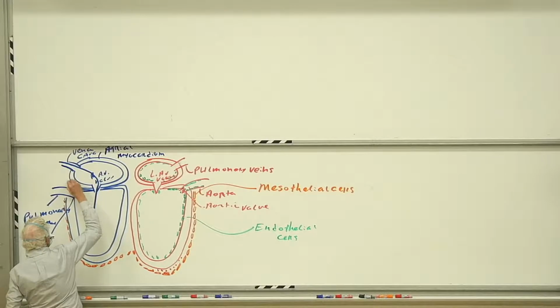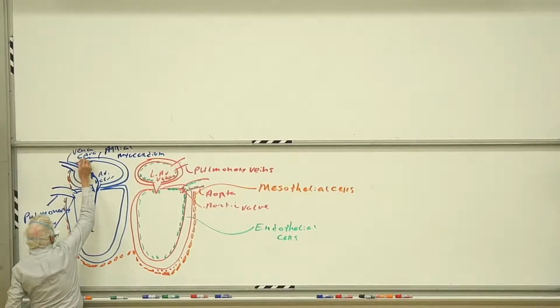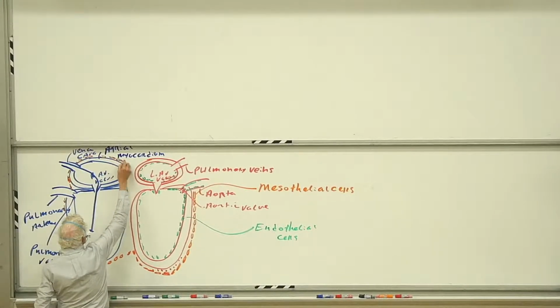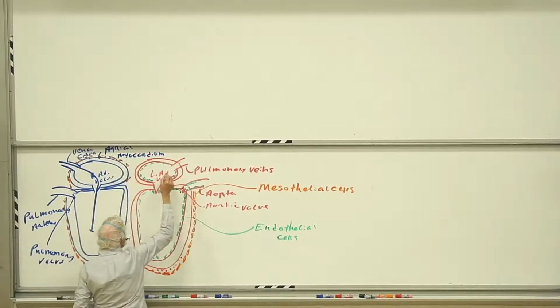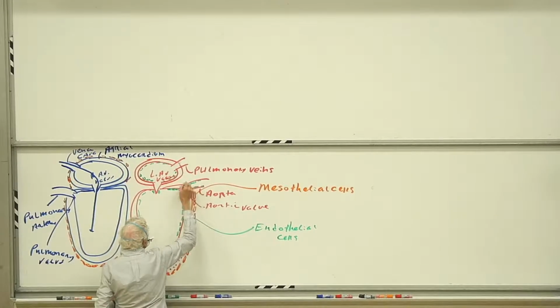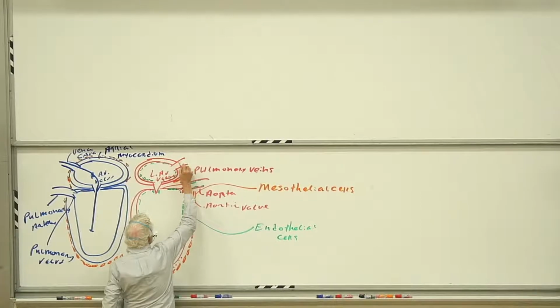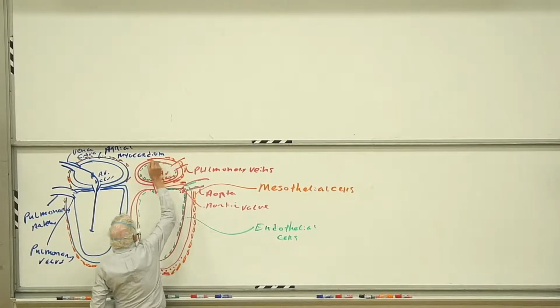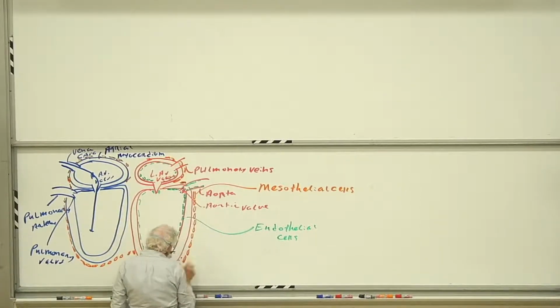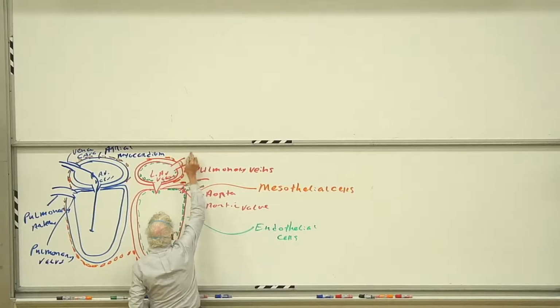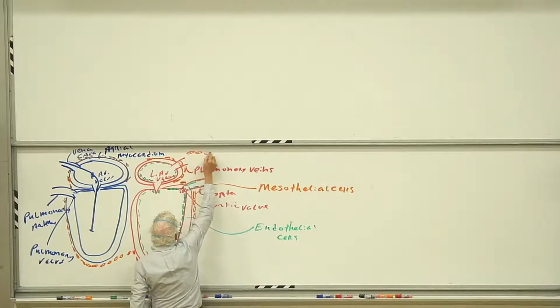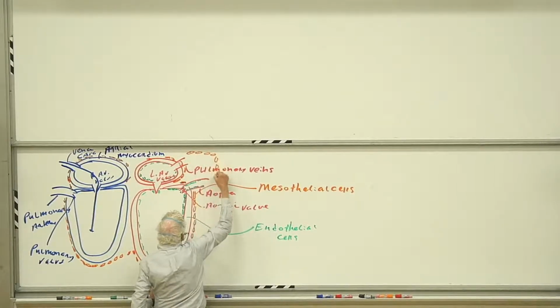I'll kind of have to show them in here. They go all the way over the atria. But they fold back, and they'll also then form a connection to another layer of mesothelial cells.